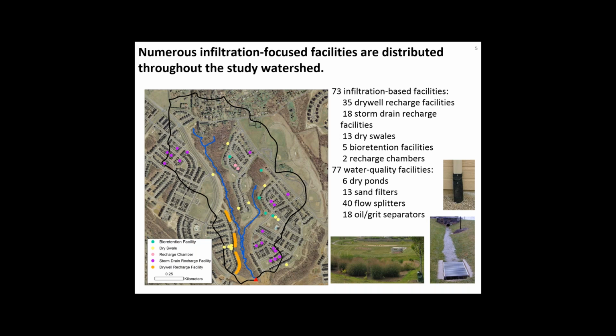There's a series of dry wells, storm drain recharge facilities, dry swales, bioswales, recharge chambers, and then some water quality focused BMPs, things like sand filters and oil and grit separators, which actually aren't shown on this map here, but they're distributed across the watershed. And here are some pictures of what these types of facilities look like within this watershed.